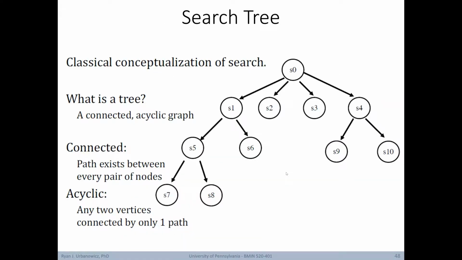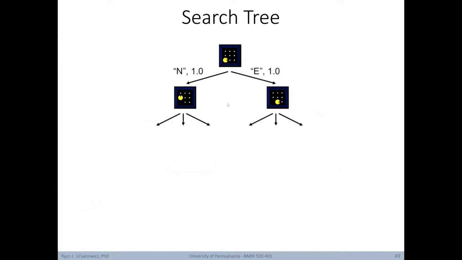Let's similarly now formally define the parts of a search tree. This should be very similar to the trees we learned about earlier in this course. A tree is viewed as a connected, acyclic graph. Again, by acyclic, we mean that you can't go back up to an earlier part of the tree. Here's the Pac-Man example represented as a search tree, where we have some starting point and we have two successor states that are possible based on whether Pac-Man goes north or east.